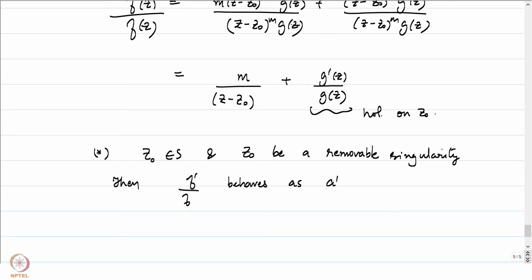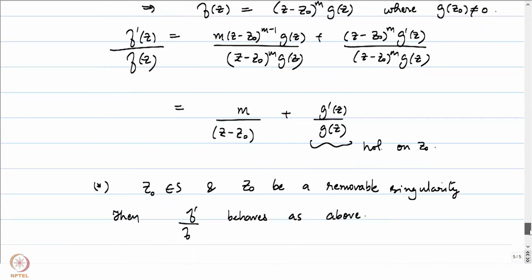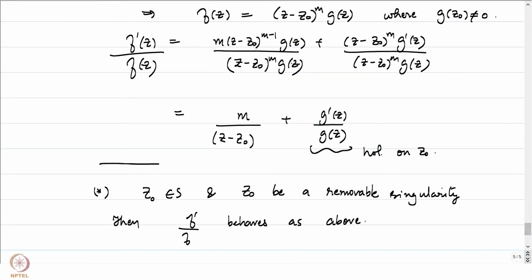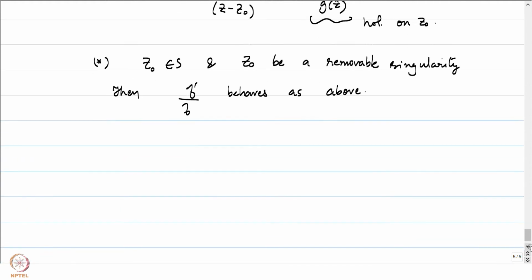So, let me not elaborate there. It will have a removable singularity if it is the first case, that is, when the extension does not vanish, and it will have a simple pole when the extension of f vanishes at z naught. So, that is why it's being referred to as above.